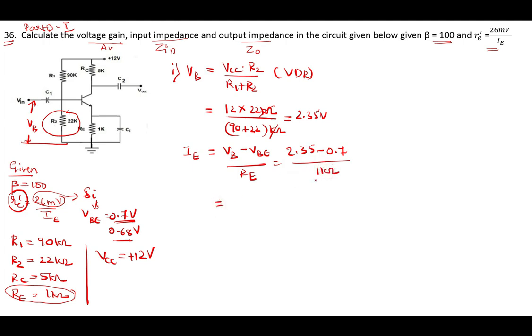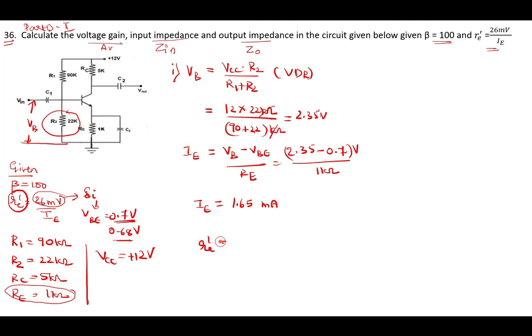It is voltage by ohm, so the unit will be ampere. Since it is kilo ohm, I can write it as milliampere. If you calculate this, 2.35 minus 0.7 is 1.65. Since divided by 1, it will remain as it is. IE is equal to 1.65 milliamps.